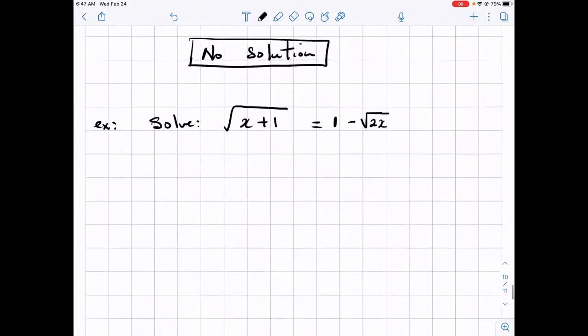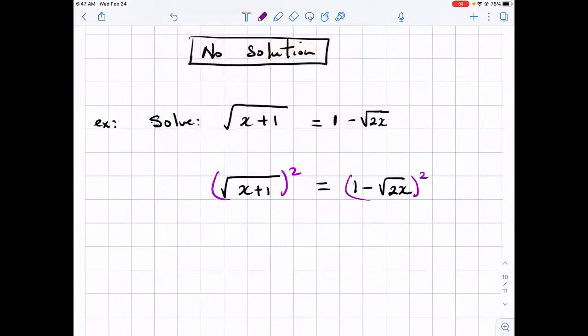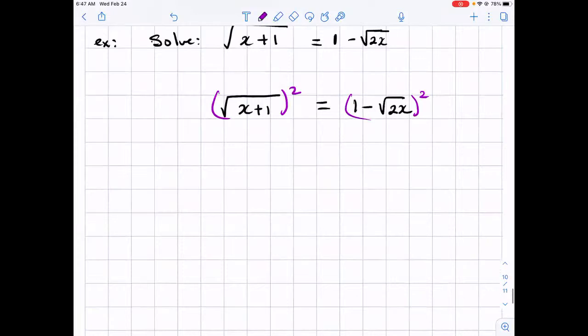So notice that on one side of this equation, the root is by itself. So I can jump straight into this and square. We can square that left side. But if I square the left side, we have to square the right side. And don't forget, we have to square the entire side.